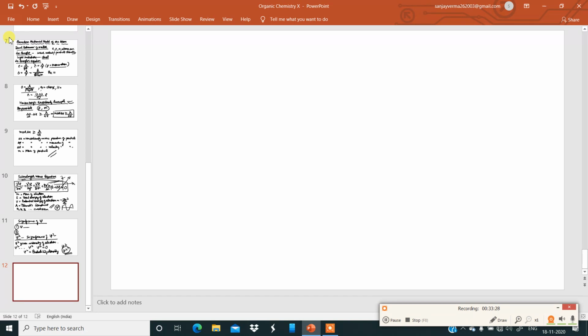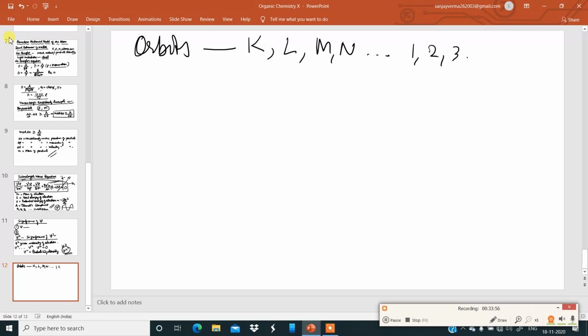Okay, so orbit is a well-defined circular path around the nucleus in which the electron revolves. It is circular in shape. It represents an electron moving around the nucleus in one plane, all those things. Orbits, as I have told you, you have heard this in lower classes, K, L, M, N, corresponding to 1, 2, 3, and so on.